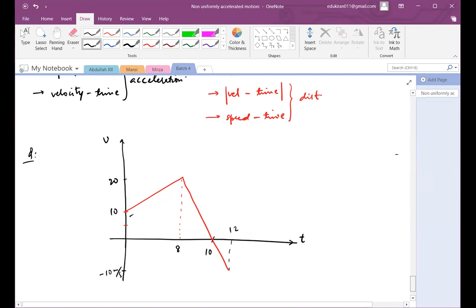Let's say this is A, B, C, D. Find acceleration, first AB and second BC.